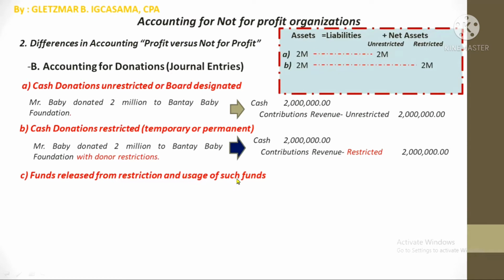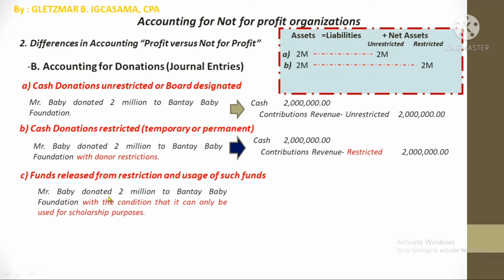And how will you account for the usage of such funds? Let's have a detailed sample situation to illustrate the accounting for this. Mr. Baby donated 2 million to Bantay Baby Foundation with the condition that it can only be used for scholarship purposes. Further, Bantay Baby used 1.6 million for scholarship purposes during the year.